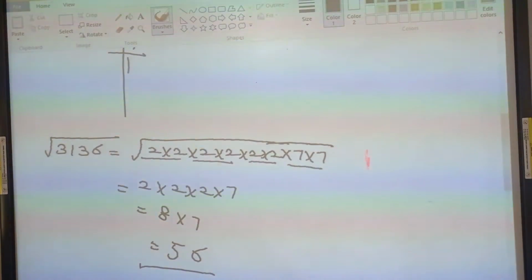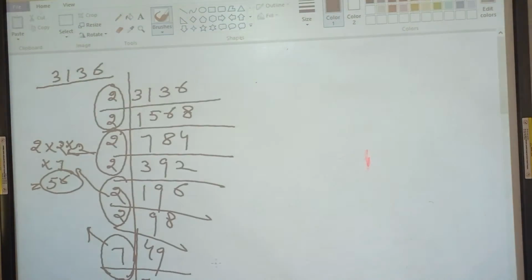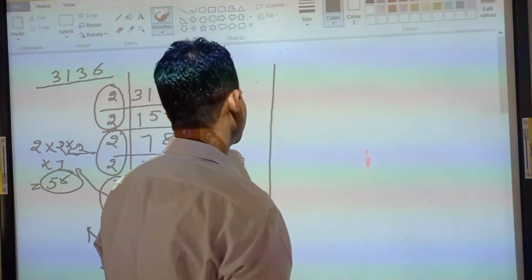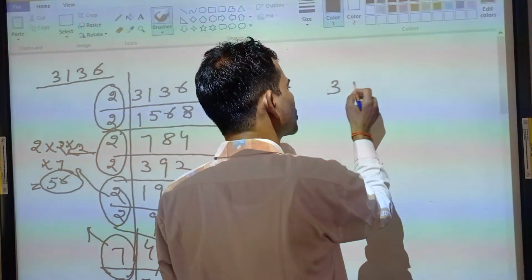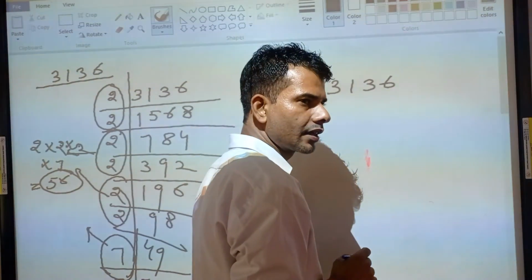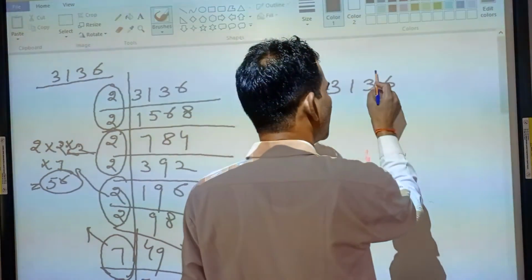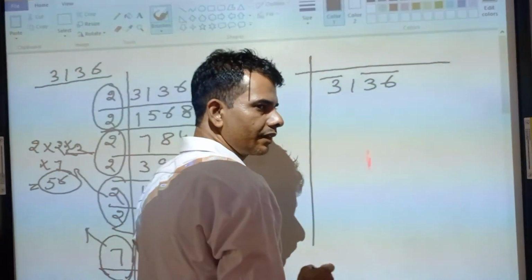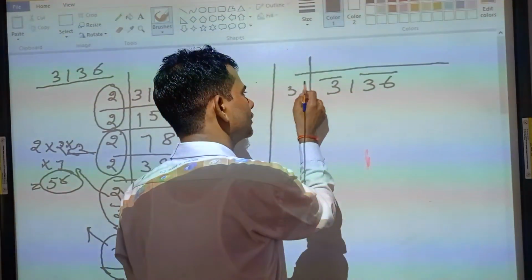Now we will do it by long division method. 3136. Grouping from the end, that is 31. 5 5s are 25.